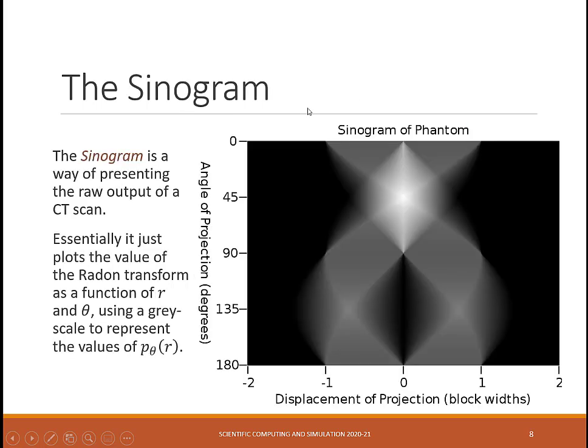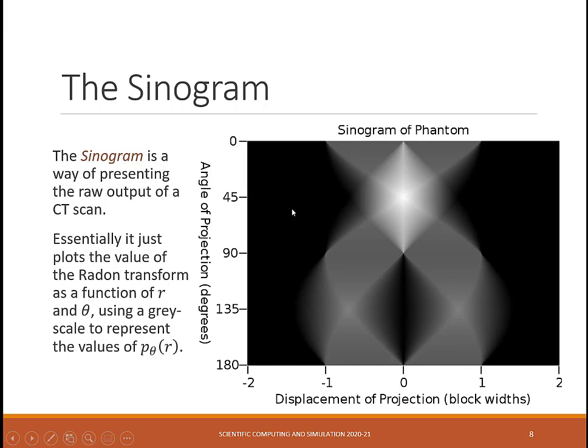This slide visualizes a sample p(theta, r) function in the form of a sinogram. In other words, a sinogram graphically shows the X-ray strength measured by the CT scanner. Here, in this sinogram, the vertical axis presents theta, or the scanner angle, and the horizontal axis is r, or the detector number that received the X-ray beam.